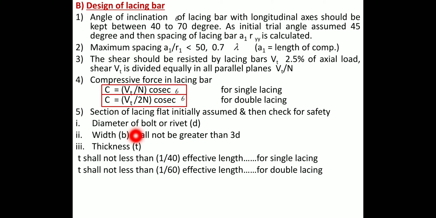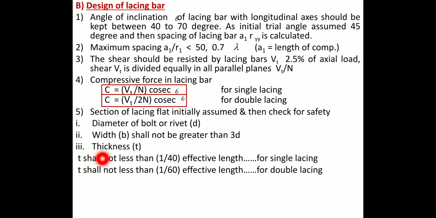Under the check for safety, we look at the diameter of the bolt, or sometimes, rarely, a rivet connection, where d is the diameter of the bolt. Then we check the width, that is b, which shall not be greater than 3 times the diameter of the bolt.